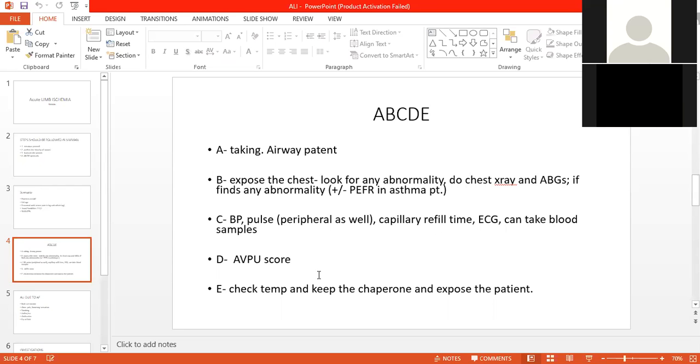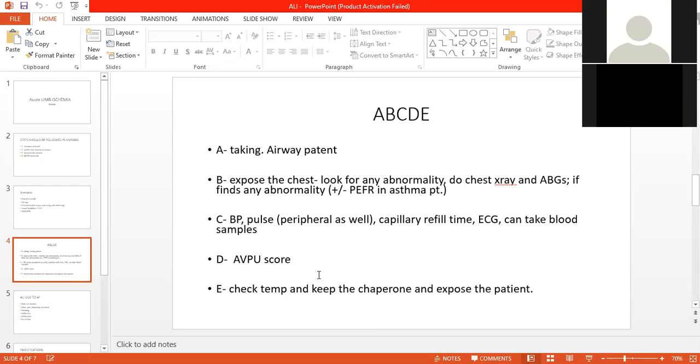And once you fitted the mask, you can just show the examiner that I'm putting this into the oxygen port, which usually is on the wall. But in the exam, it will not be on the wall. During normal life, there are oxygen ports in the wall. So that's the thing that you need to keep in your mind.